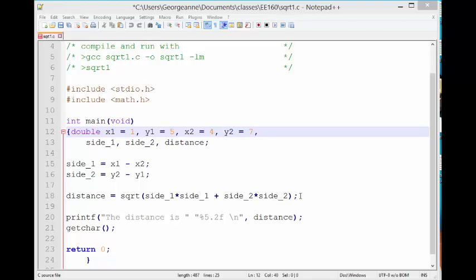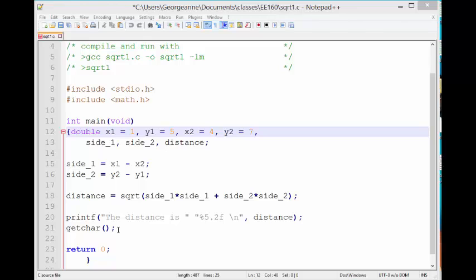There was a more efficient way to do this, but this is the example that you're given in the textbook. Then it prints the result to the screen, and we will also learn about this statement going forward. The get character statement right here, this is a method, is telling the program to sit and wait for a user input. Otherwise the program executes and closes, and it flashes by so fast that you can't see it.